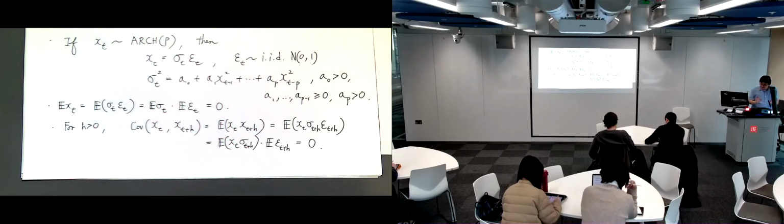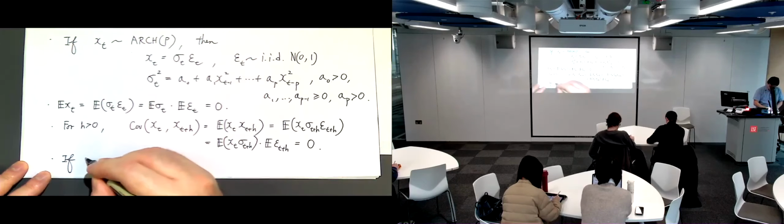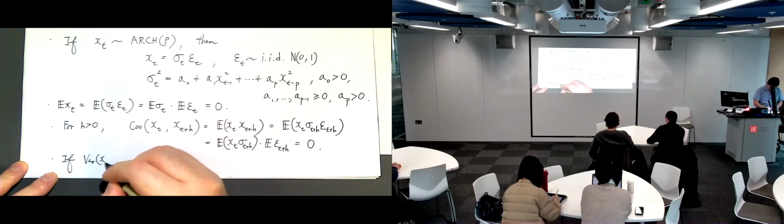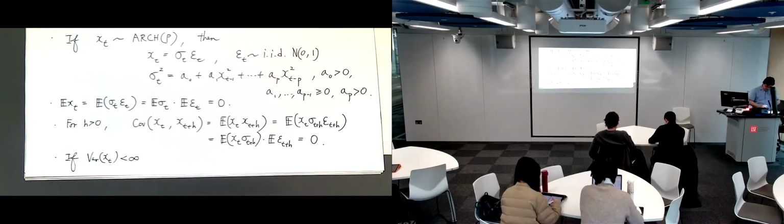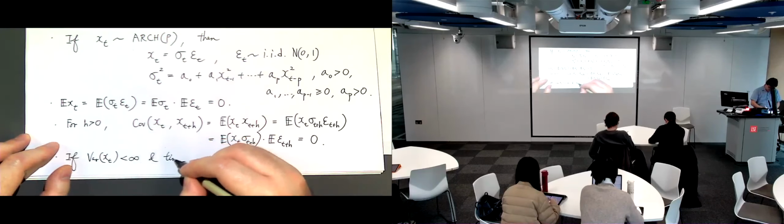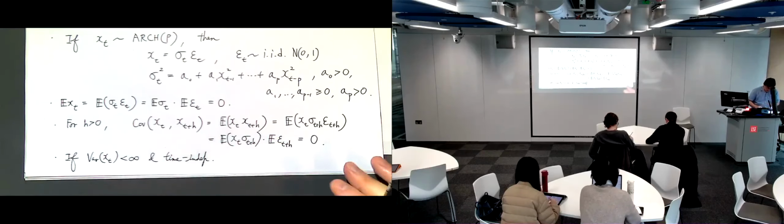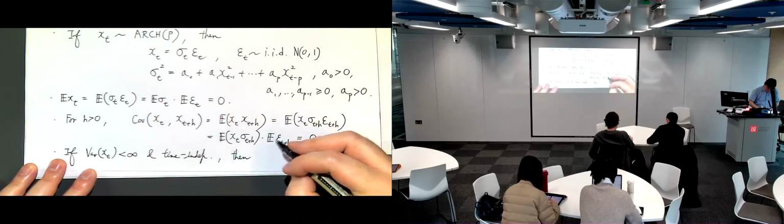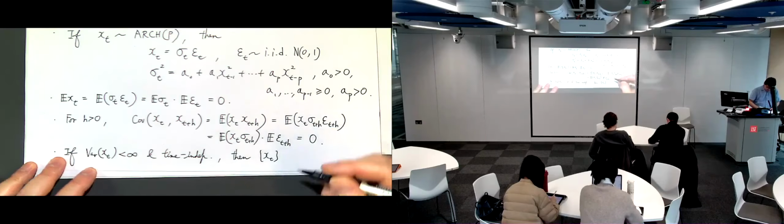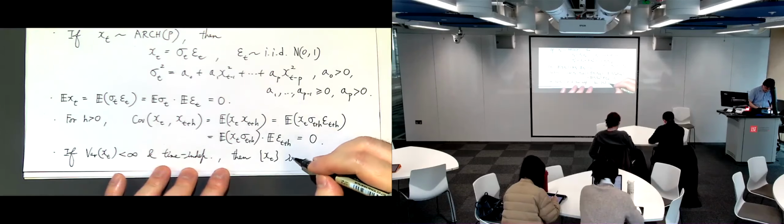So good, it looks like white noise already. Okay? So if we can show that the variance of xt is actually finite and time independent, I will give you a question for that in the exercise. So if the variance is also time independent and finite, then xt of course is a white noise.